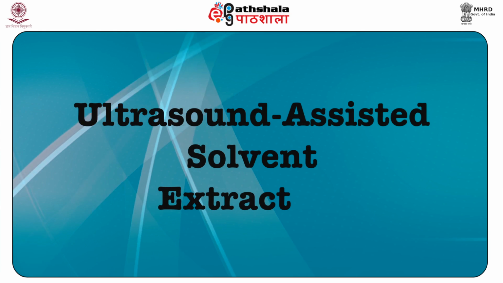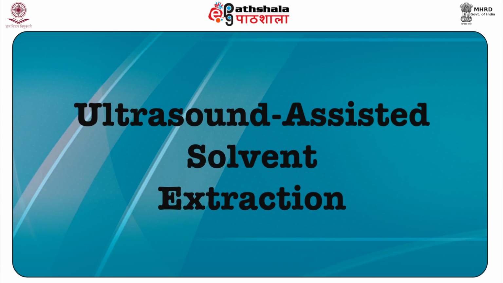Next is ultrasound assisted solvent extraction. This is an improved maceration technique where the extraction is expedited by the use of ultrasound. The plant powder is placed in a vial and the vial is placed in an ultrasonic bath, and ultrasound is used to induce a mechanical stress on the cells through the production of cavitations in the sample.